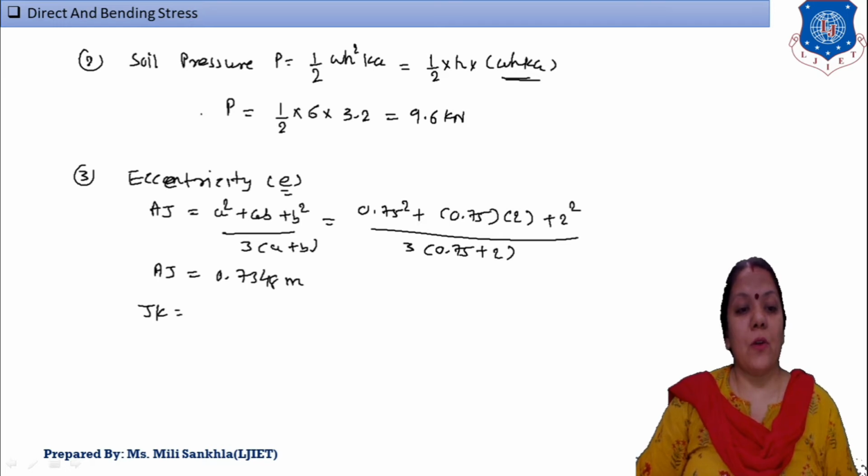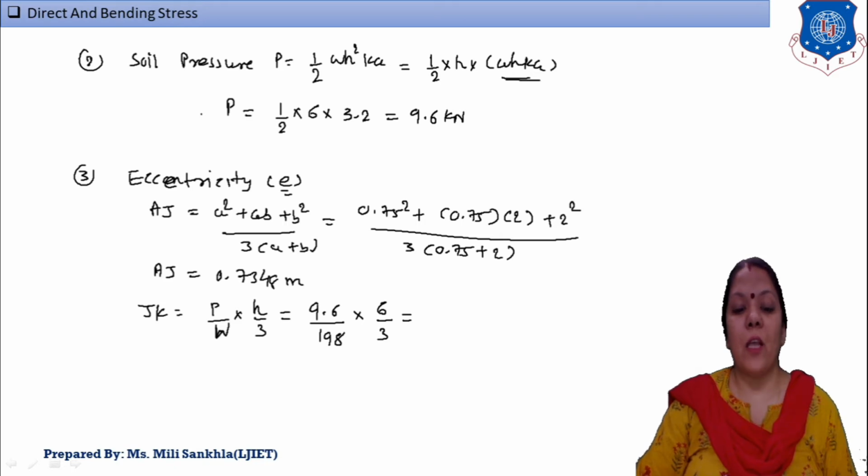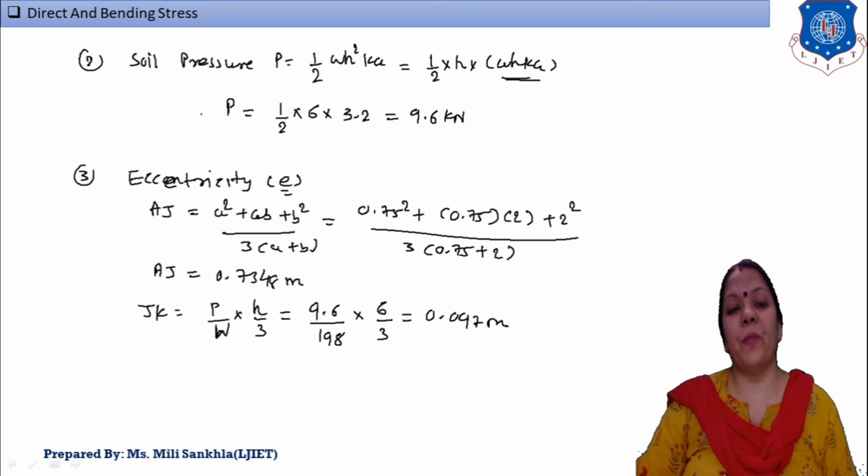Now second we find out JK. JK is equal to P by capital W into H by 3. What is P? P is our soil pressure, that is 9.6, and capital W, the weight of the wall, is 198, into the height of the retaining wall 6 by 3. Now my answer of JK is equal to 0.097 meter.